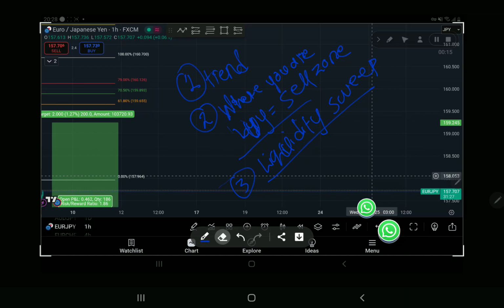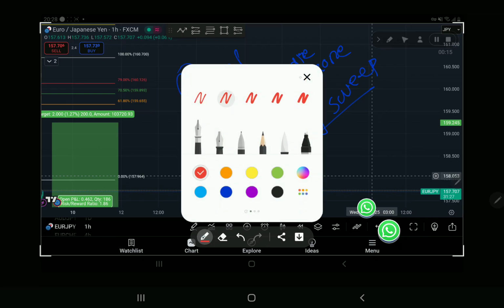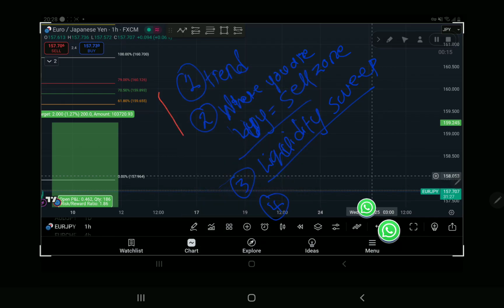Now that is three. Then four, very, very important. In fact, it's the most important point here. After you've done all this and you've come here, after this liquidity sweep, there must be a shift in market structure.